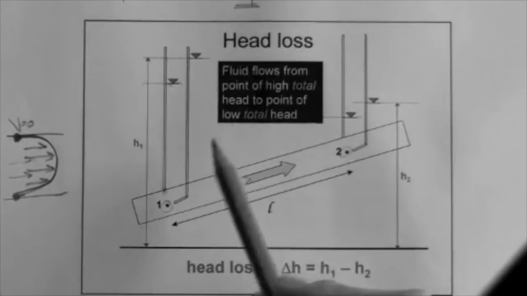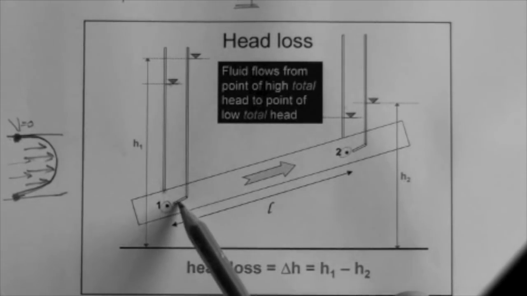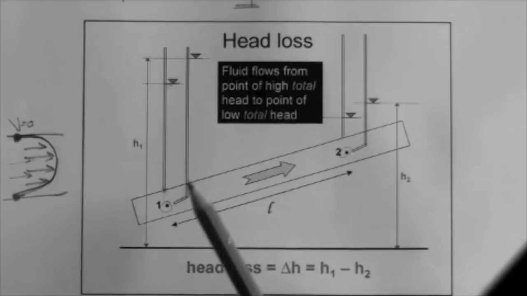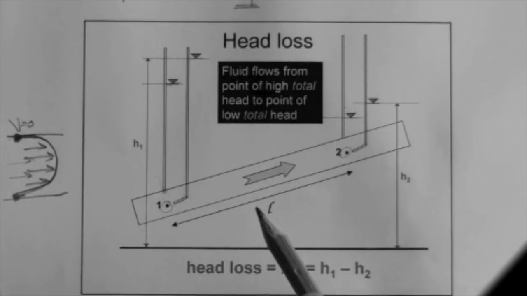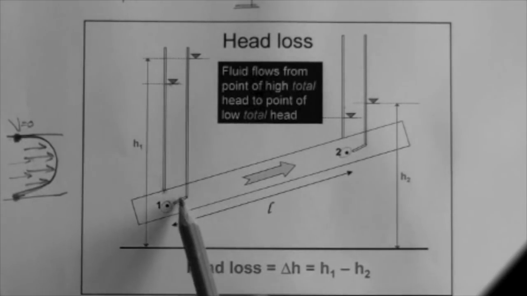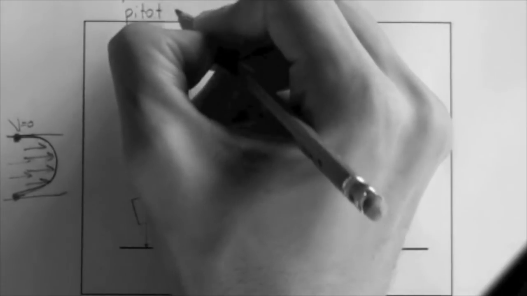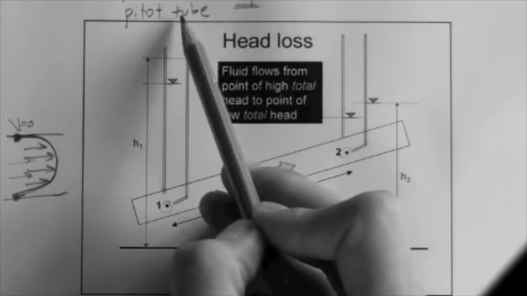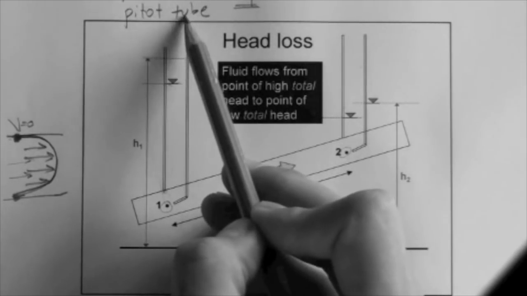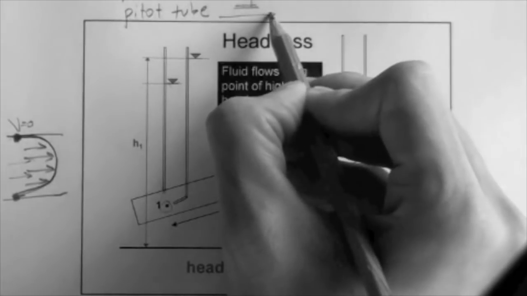Okay? Now, conversely, this other sensor is a thin tube that actually bends and points towards the point. So the pitot tube, P-I-T-O-T space T-U-B-E. The pitot tube measures what?